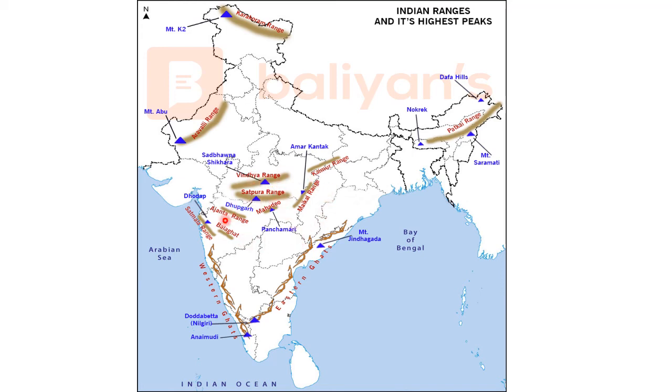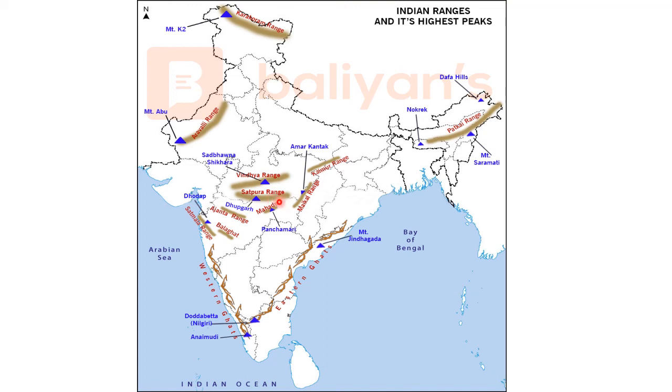From here you will find the Western Ghats. Here you will find the Satpura range. So all the black soils are trapped here. Remember, the black soils are trapped here.